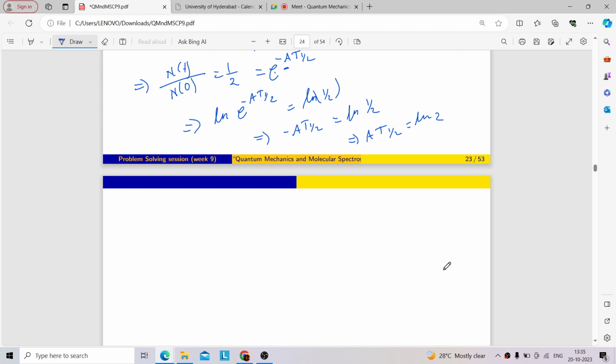Then the value of Einstein coefficient A will be nothing but ln of 2 over t half. Now t half is 10 days, and I have to convert it into seconds. So 10 days times 24 hours times 60 minutes times 60 seconds.